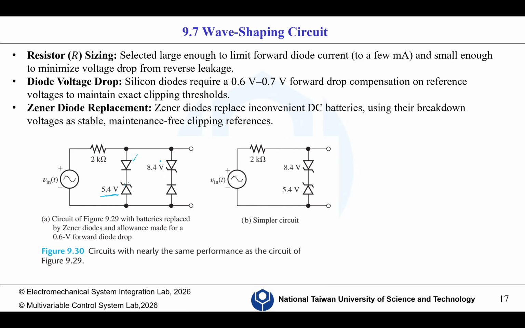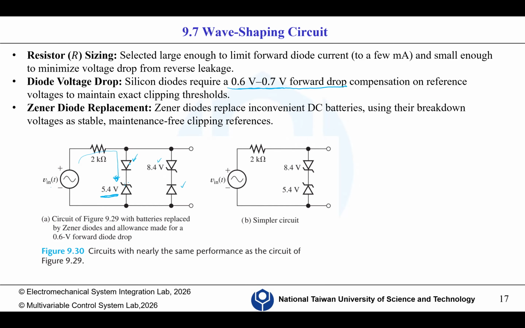So the Zener diode of 8.4 volts has a polarity against this diode, and we use the breakdown voltage. 5.4 volts means the breakdown voltage. It means for this branch to turn on, the input voltage needs to overcome not only the 0.6 to 0.7 forward drop.